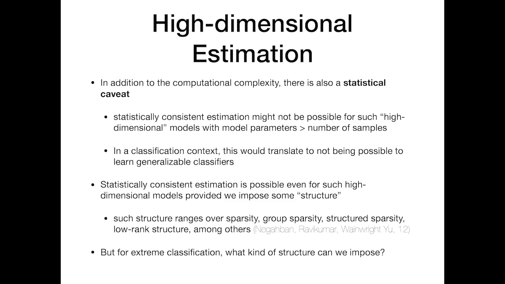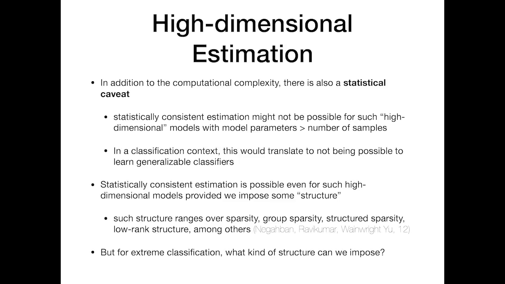What people have realized over the last decade and a half is that you can get consistent estimation. This is just putting on the statistical guarantee hat, so I'm focused on statistical guarantees. It is possible, provided we impose some structure on the model parameters. What do I mean by structure?